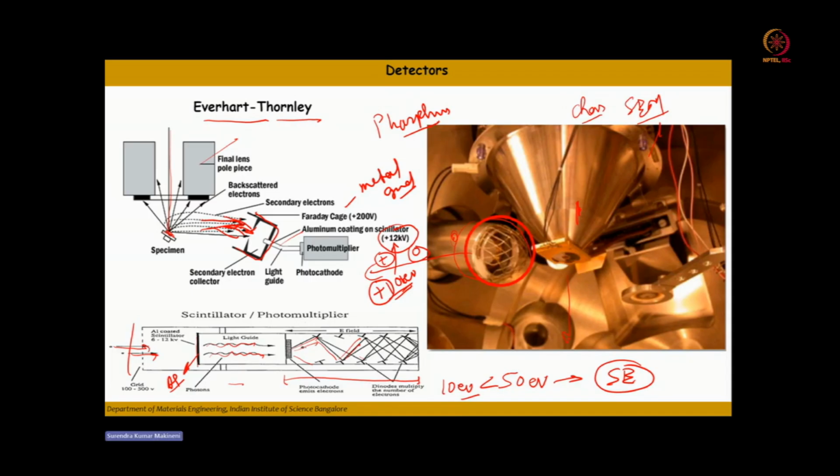But in this method, only the backscattered electrons traveling towards the scintillator can be detected, because backscattered electrons have high energy and can travel in any direction. So the geometrical efficiency for backscattered electrons is very low with the ET detector.